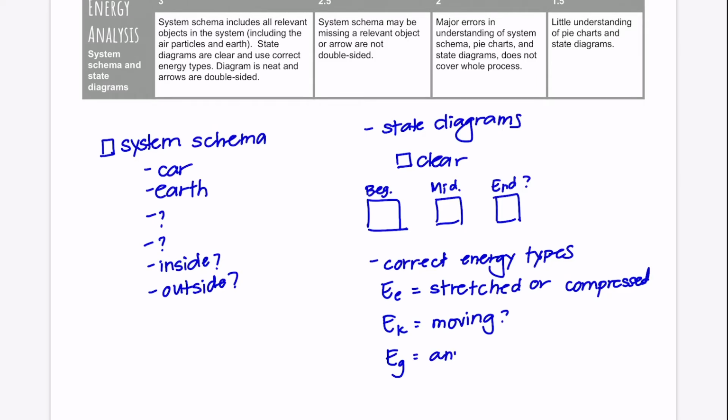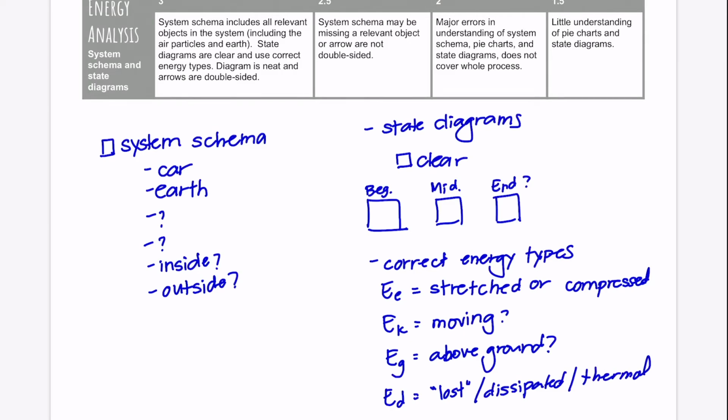For EG, is there anything above ground? And then for ED, was there anything lost or dissipated? Maybe we can think of it also as thermal, right? Was there any heat left behind anywhere? Yeah, so that should be it.